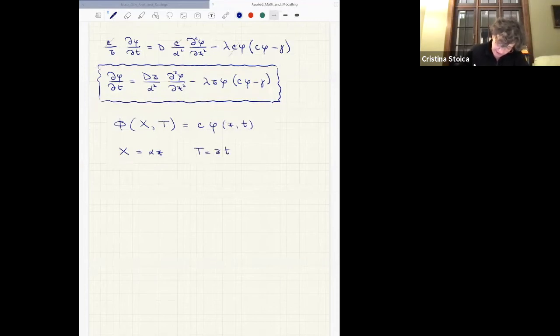So now we had the boundary condition that phi in x and t, so phi in A and T equals phi in B and T equals 0. But what would be this one?